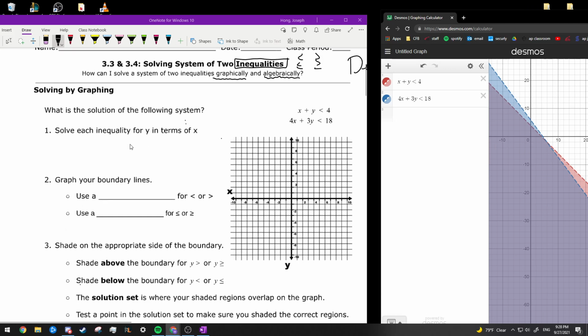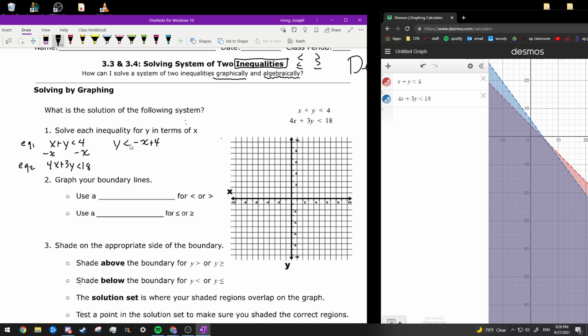So solve each inequality for y in terms of x. What that really means is, I'll take the first one. Equation 1 is x plus y is less than 4, so I'm going to subtract x on both sides. So y is less than negative x plus 4. Equation 2 is 4x plus 3y is less than 18.